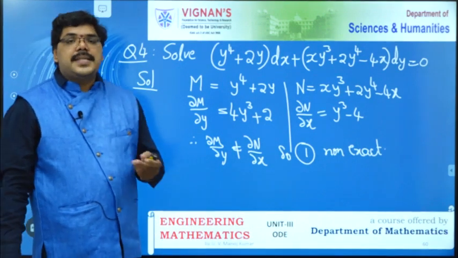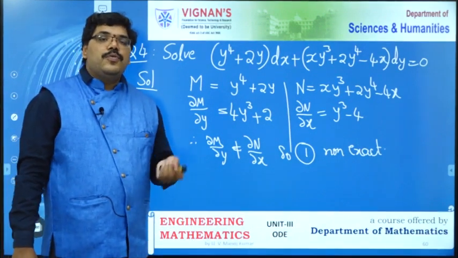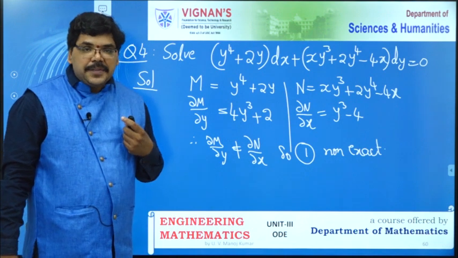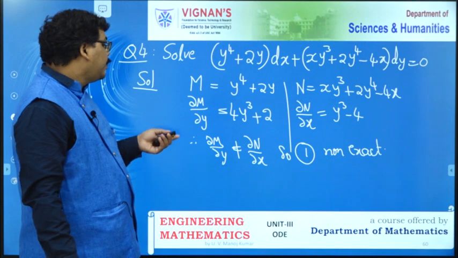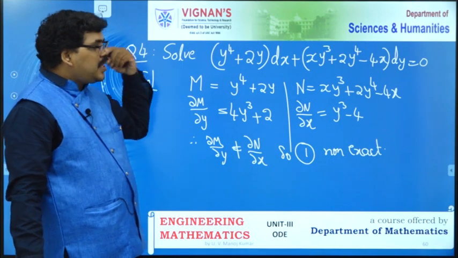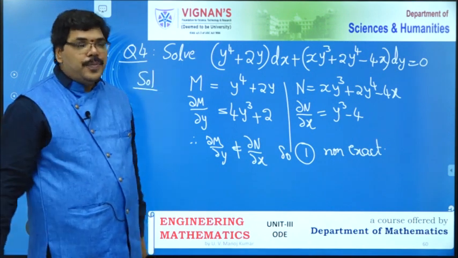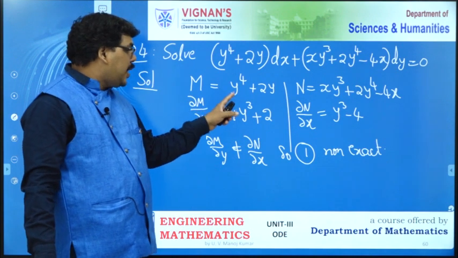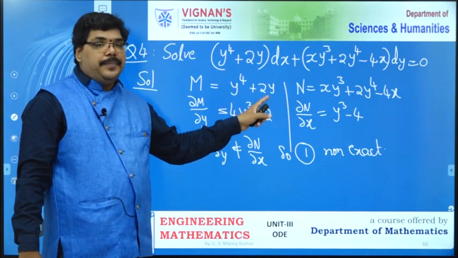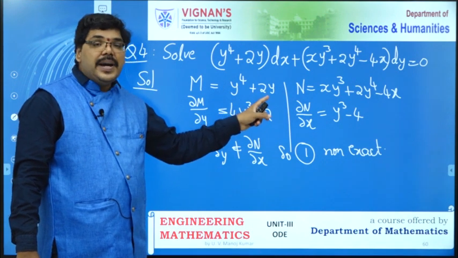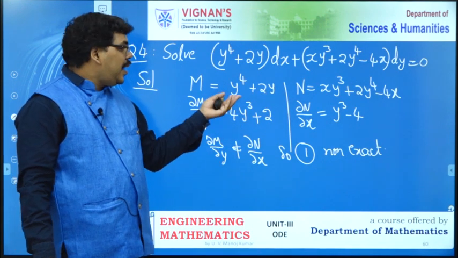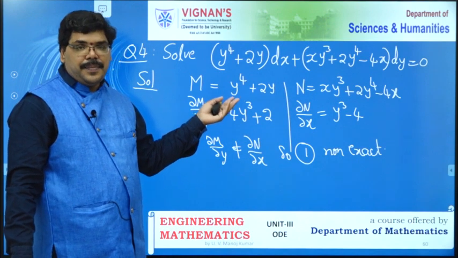Once you know that it is non-exact, we want to find the integrating factor. Is it in homogeneous form? No. M has two terms, y power 4 and 2y. What is the power of y here? 4. What is the power of y here? 1. So the powers are not same.